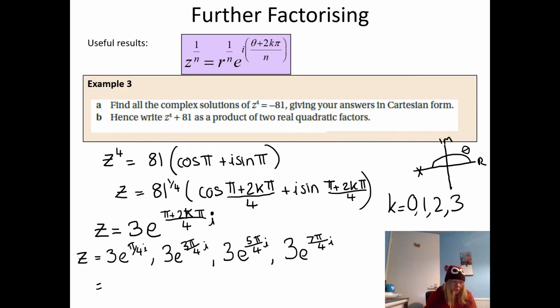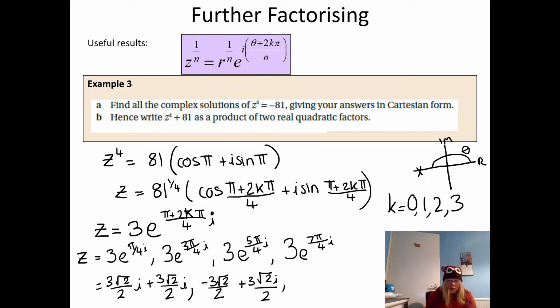The first one comes out at 3 root 2 over 2 plus 3 root 2 over 2 i. Then the second one, I think, is minus 3 root 2 over 2 plus 3 root 2 i over 2.